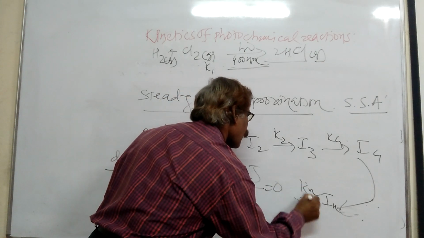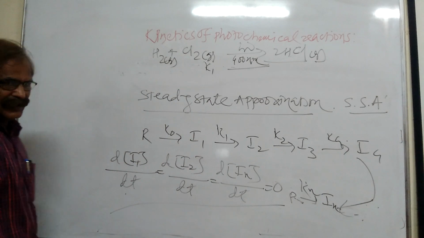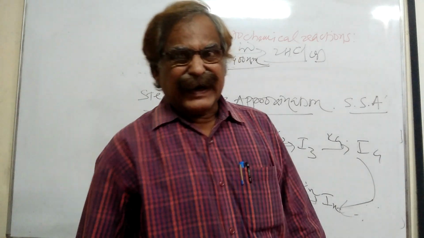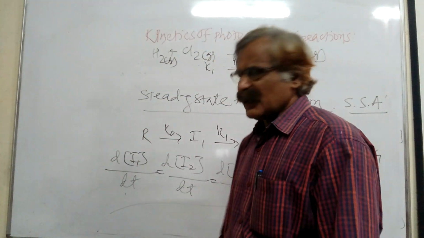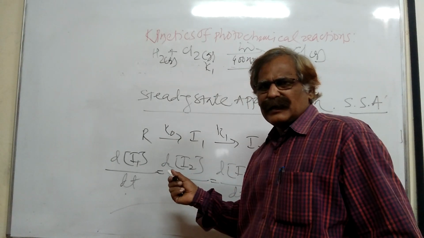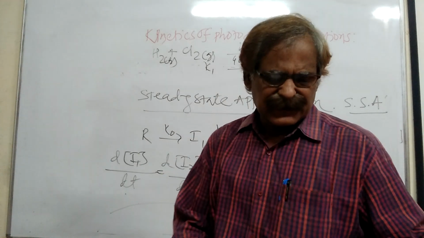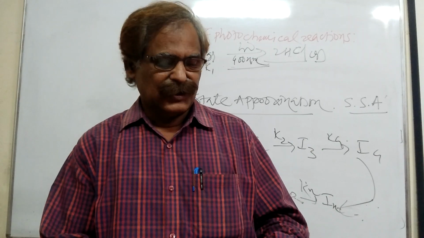So in short, the rate of formation of an intermediate is 0. This is steady state approximation.